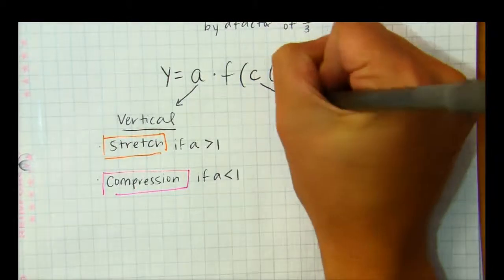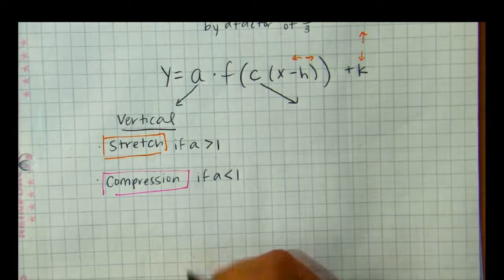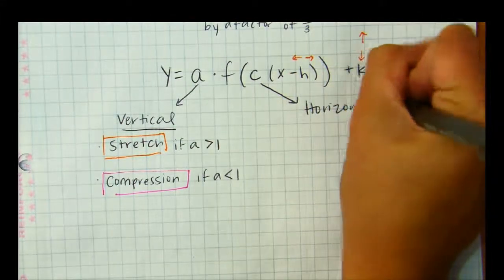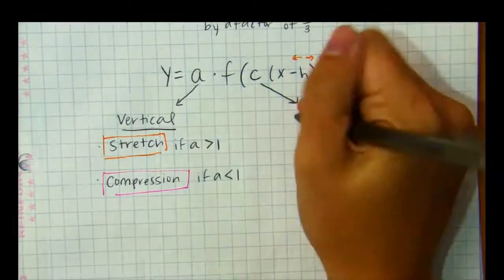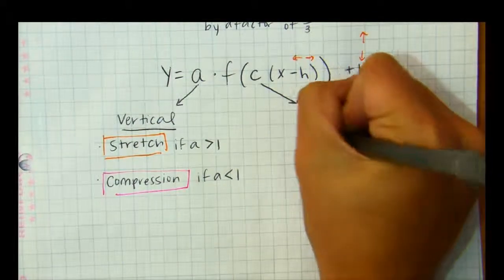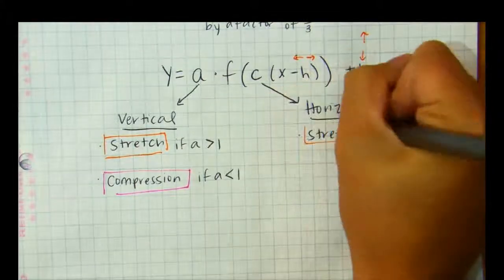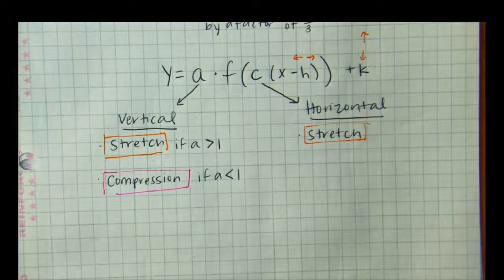Your c value tells you your horizontal stretches and compressions. And remember, this is kind of the weirdo one, similar to h.